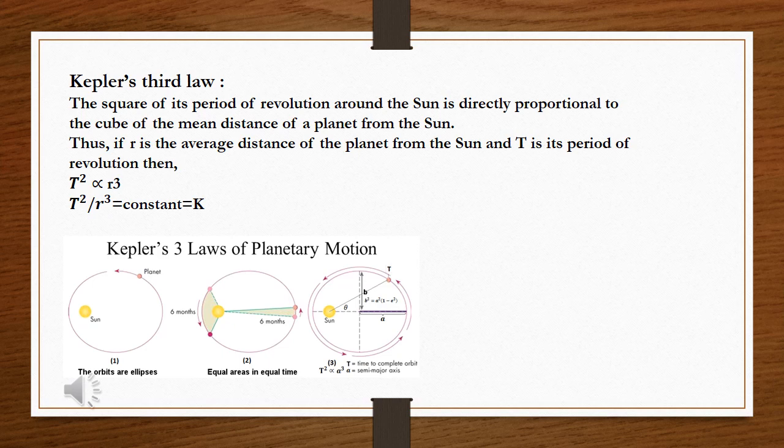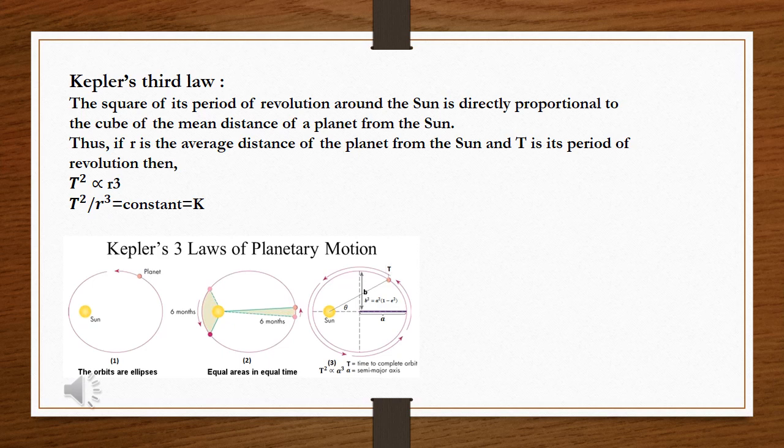Now let's study the third law of Kepler. In the third law, suppose r is the average distance of a planet from the sun and T is the period of revolution. Period of revolution means the time required to complete one revolution. Here we can say that T squared is directly proportional to r cubed.